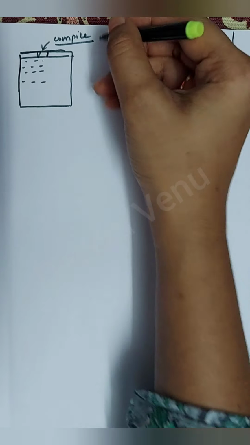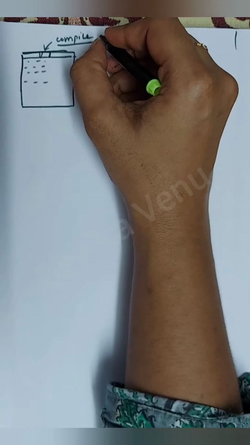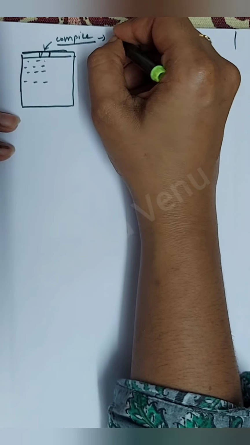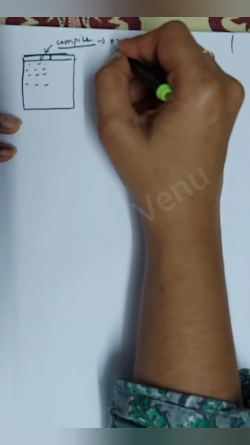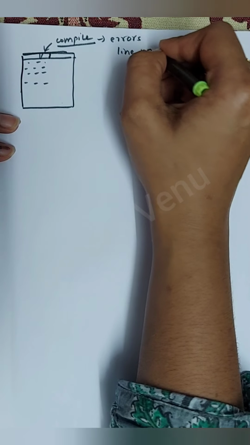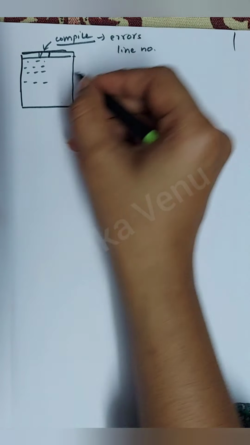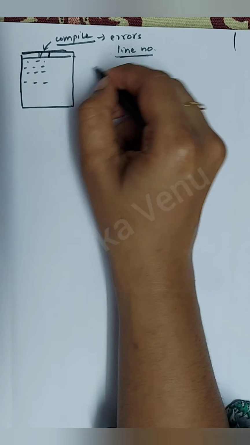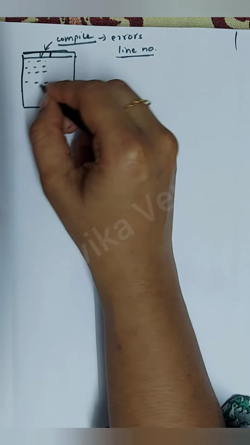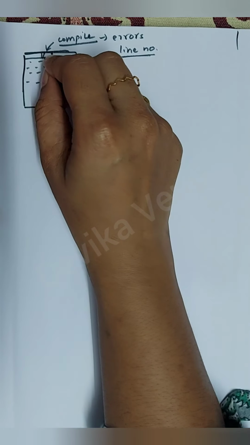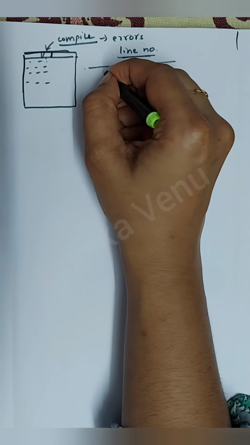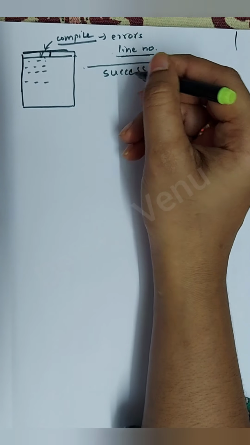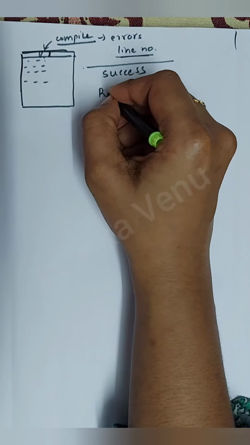If there are any syntax errors, it will show you the errors and the line number where the errors are, so you can go to the particular line number and correct the error there, and finally compile again, and after getting a success message after compiling, you can run the program.